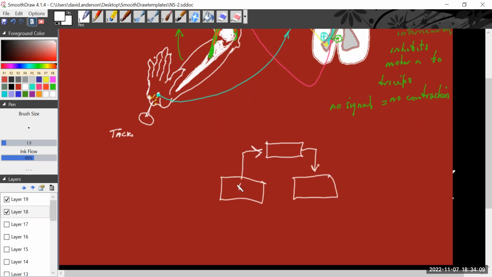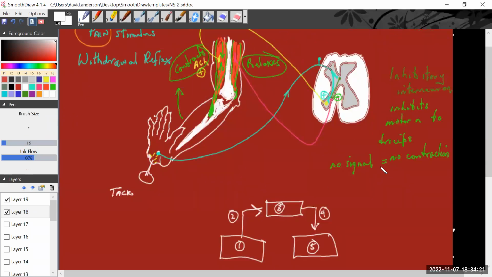Now let's just do it by numbers. 1, 2, 3, 4, 5. Okay, so where is number 1 in our diagram? Number 1 is receptor. So where's our receptor? Biceps? The hand. Well, let's be a little more specific.